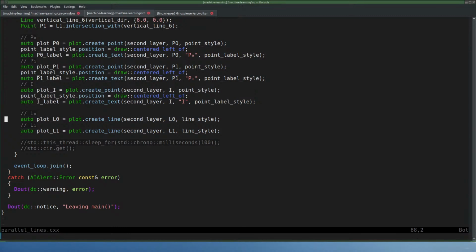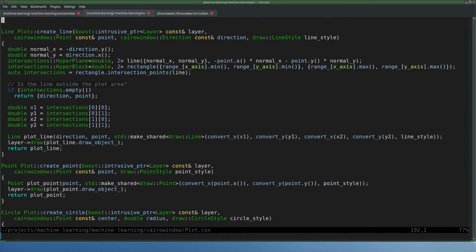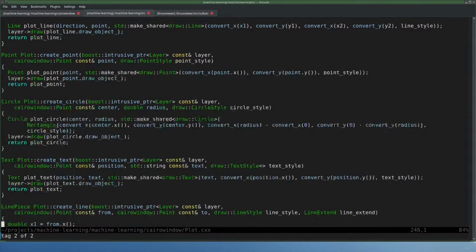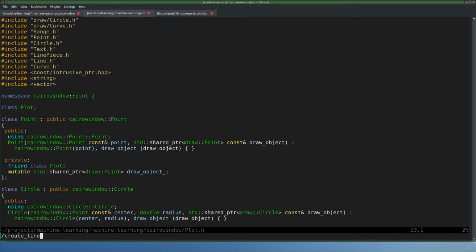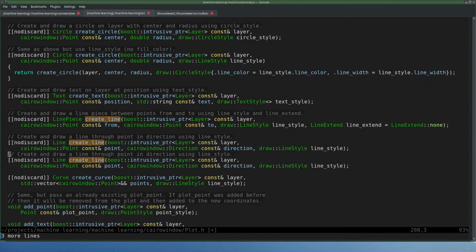Cannot create a line from a line. Create a line. Point to point or point in direction. Yeah, this should be possible. That should just be possible.